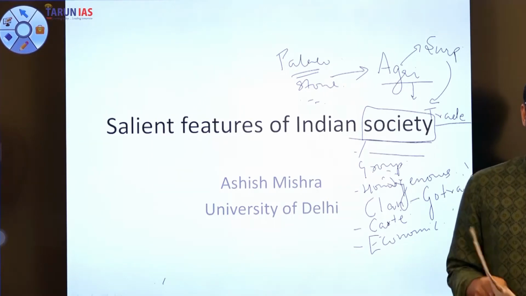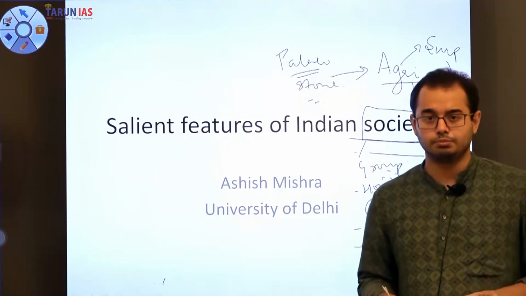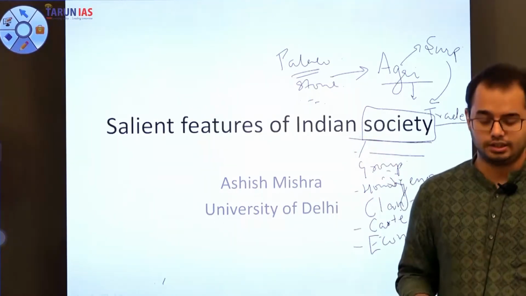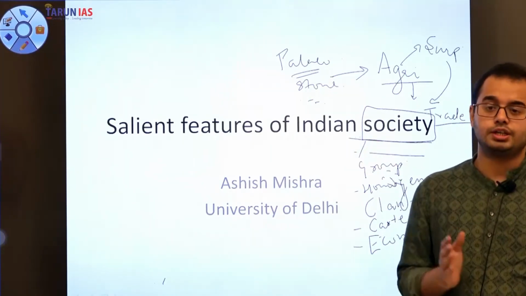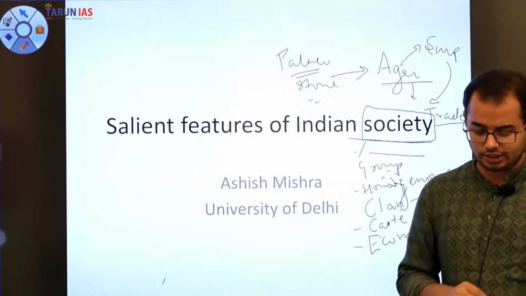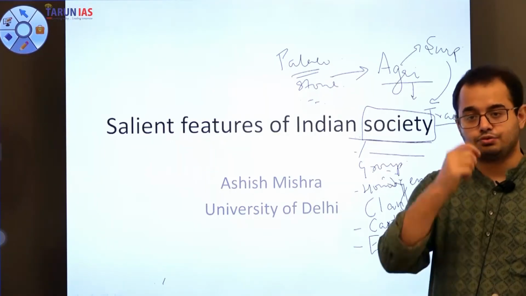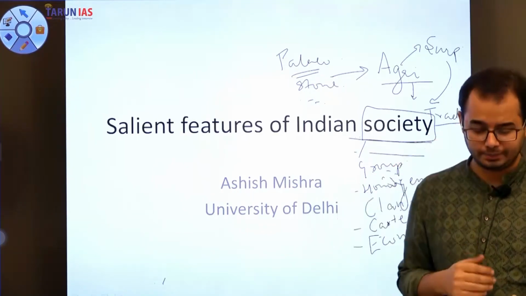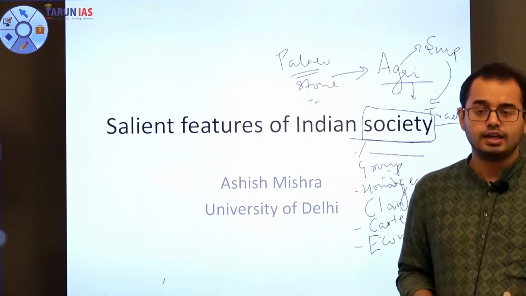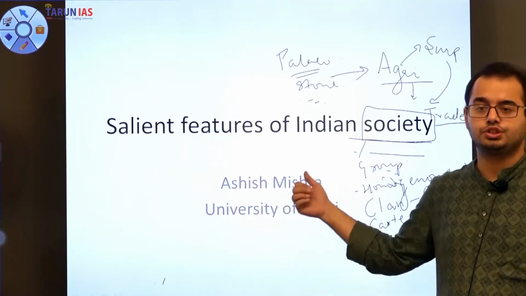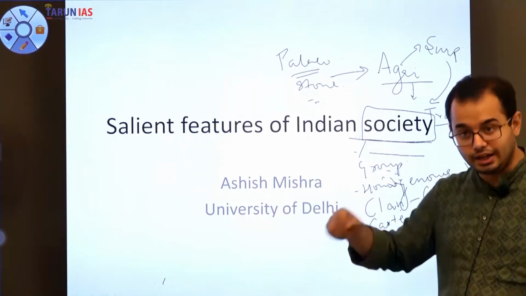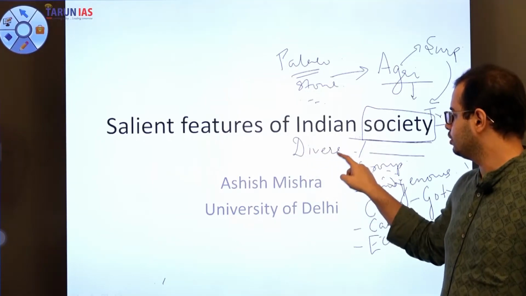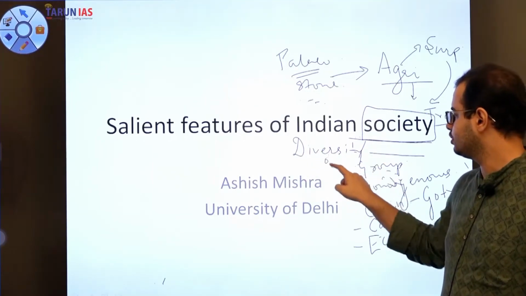We are not going anywhere outside the syllabus. We are trying to cover everything which is within the syllabus, and hence we are first trying to define what is society. So for example, UPSC is very clear in its understanding when it says that the first subtopic within GS paper 1 is that one should know the salient features of Indian society and diversity of India.